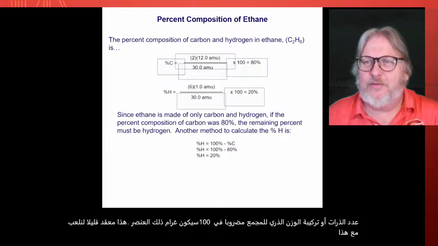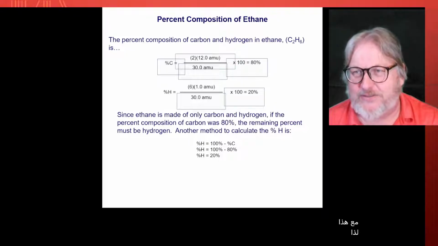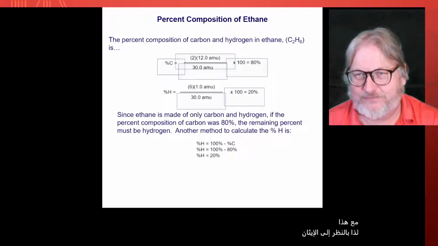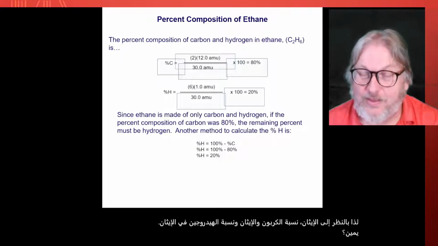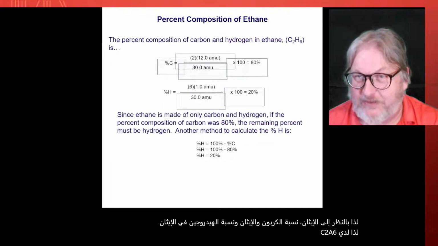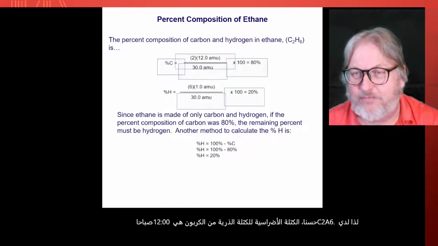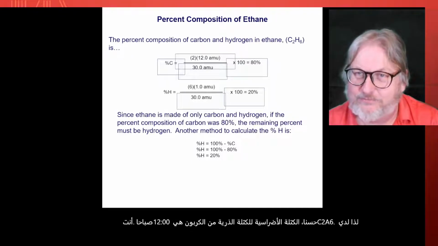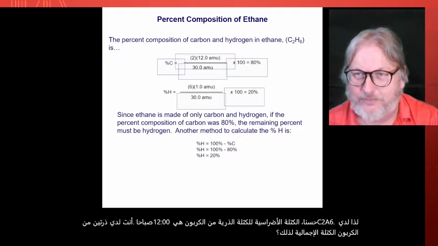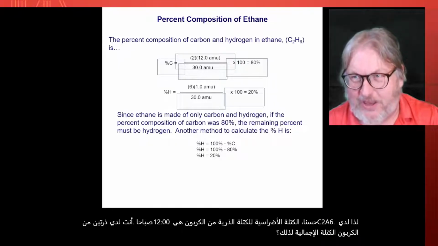So, we're looking at ethane, the percent of carbon in the ethane and the percent of hydrogen in the ethane. I've got C2H6. The atomic mass of carbon is 12 AMU. I've got 2 atoms of carbon. The total mass of that molecule is 30 AMU, 24 plus 6 for the hydrogen.